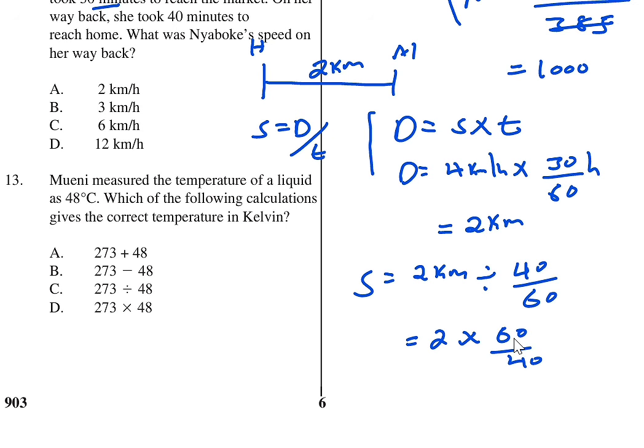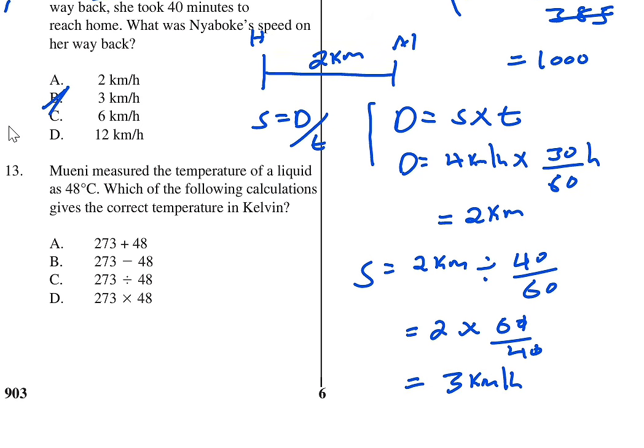You multiply that, 2 times 60 over 40, and you'll see the answer is 3. So it is 3 kilometers per hour. So her speed is 3 kilometers per hour. And therefore, from the options, the answer is B.